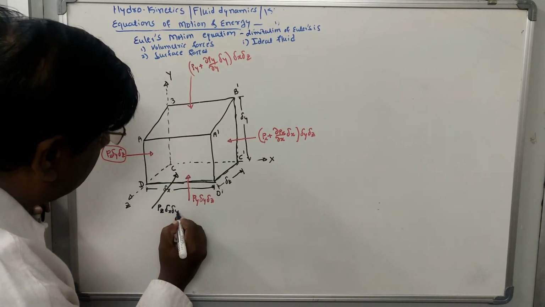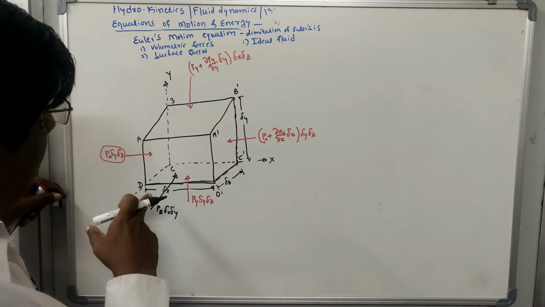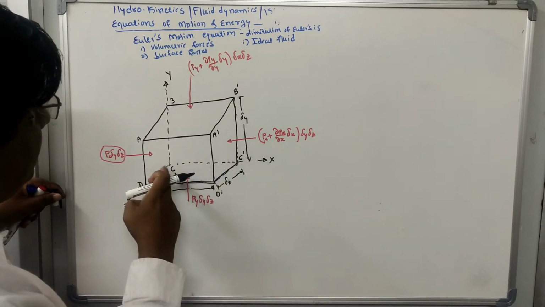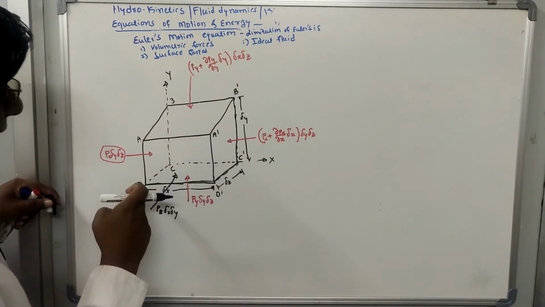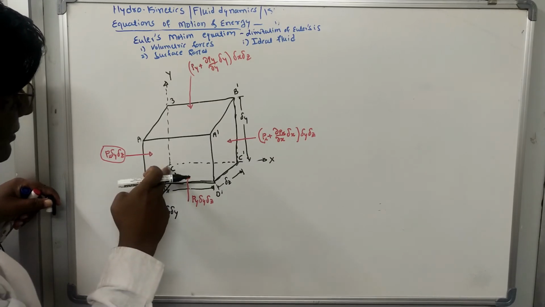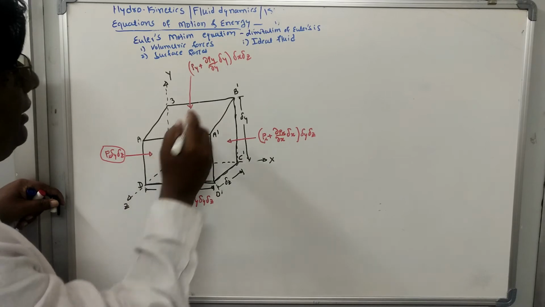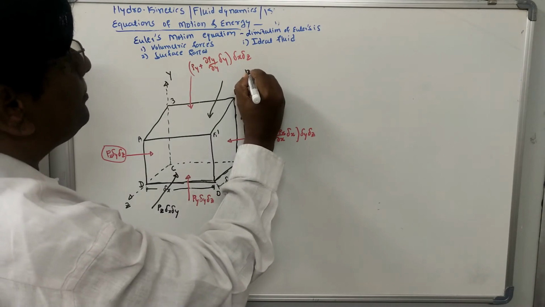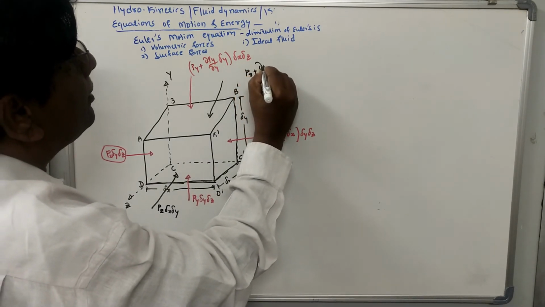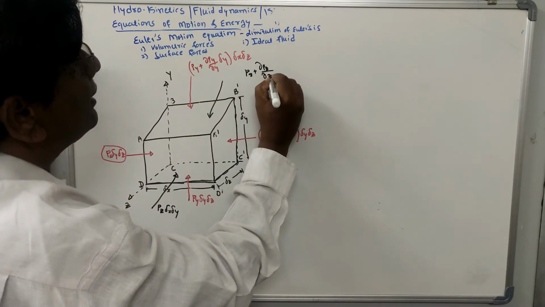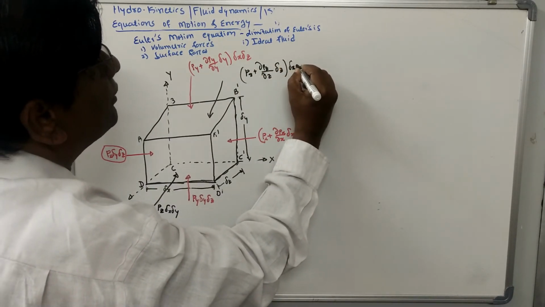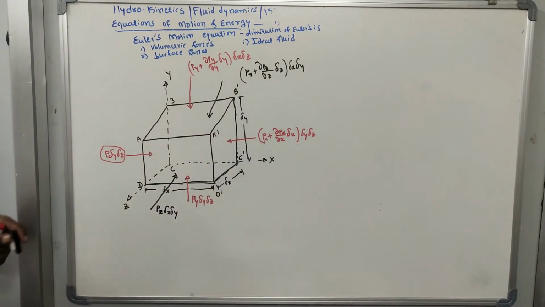Now take the plane B dash, C dash, C, whose normal is in the z direction, but it is at a distance of delta z from the plane A dash, D dash, D. So the pressure force acting on this is Pz plus ∂Pz by ∂z over the length delta z, and the surface area is delta x delta y. So these are the various pressure forces.